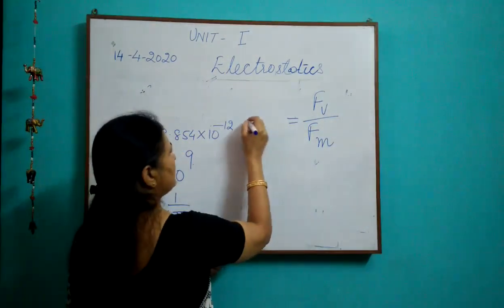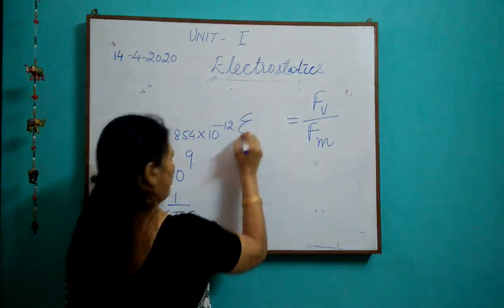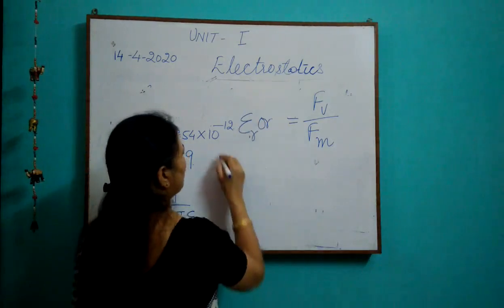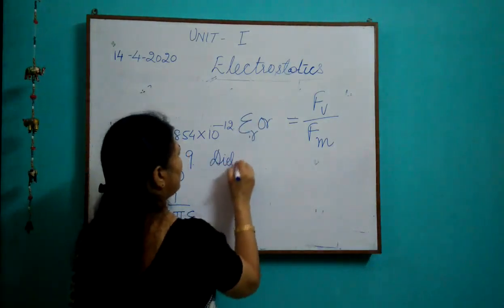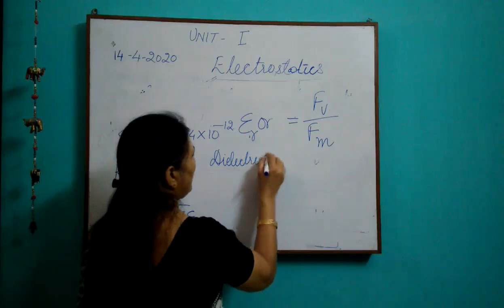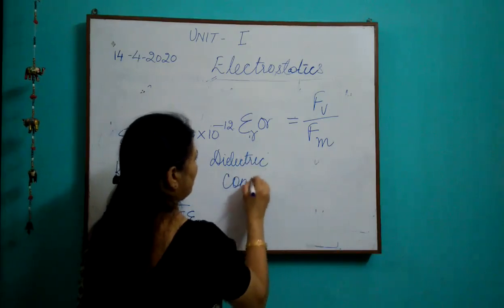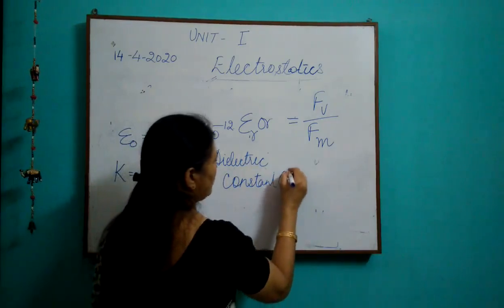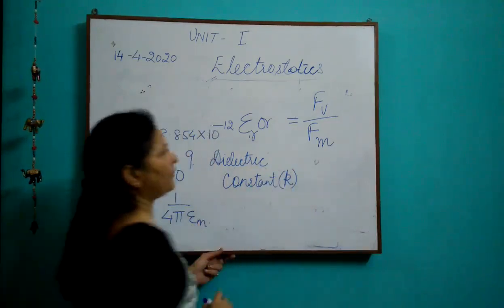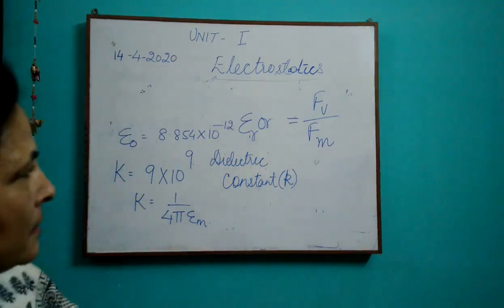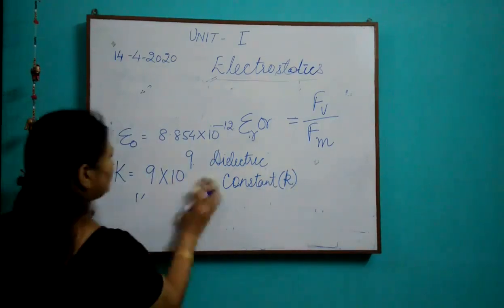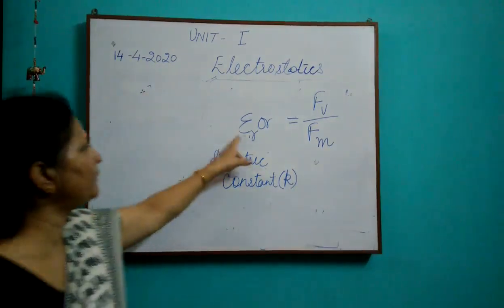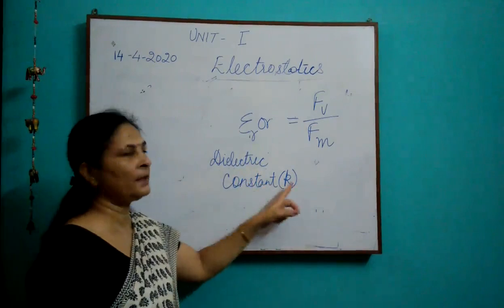This is known as relative permittivity, or it is also denoted as the dielectric constant, which you can denote by small k. So relative permittivity or dielectric constant is denoted by small k.